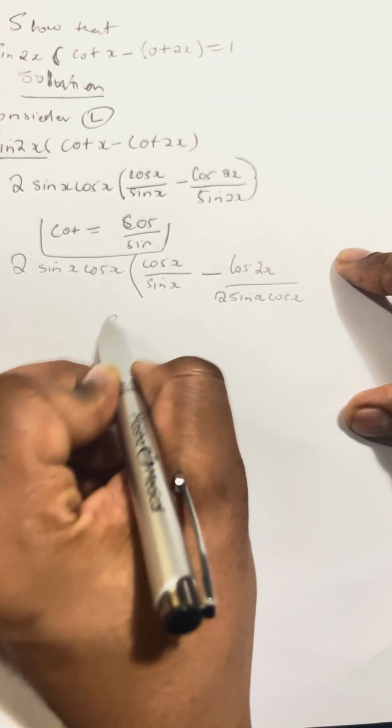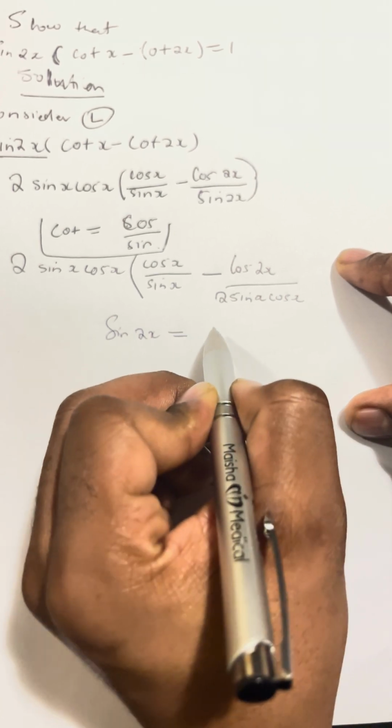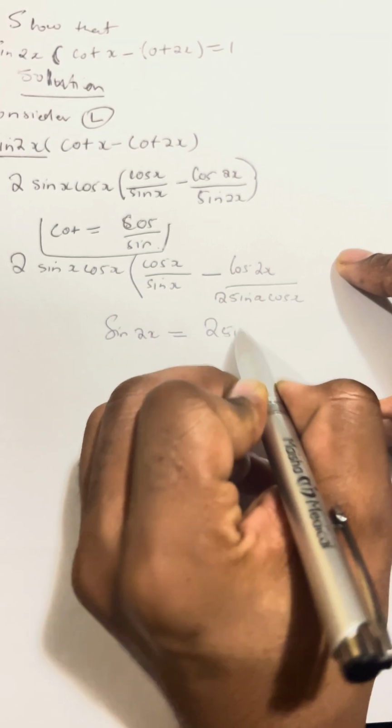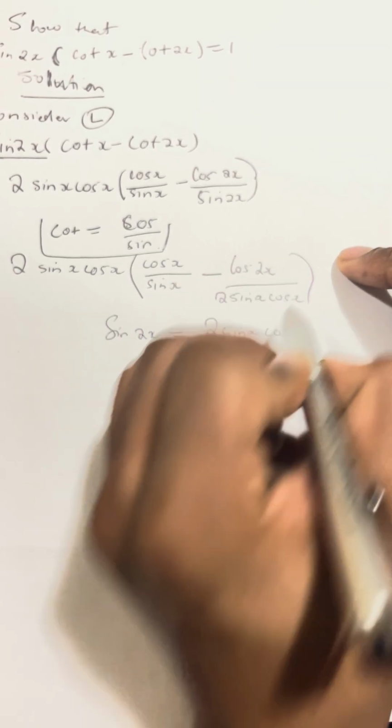Now, sine 2x is equal to 2 sine x cos x.